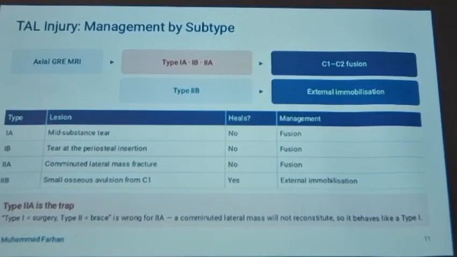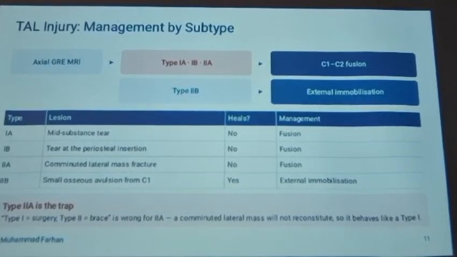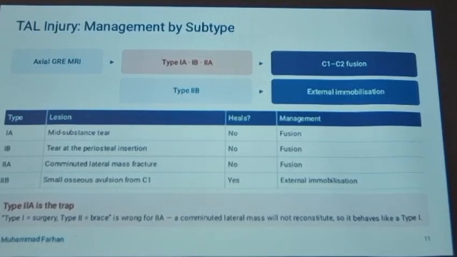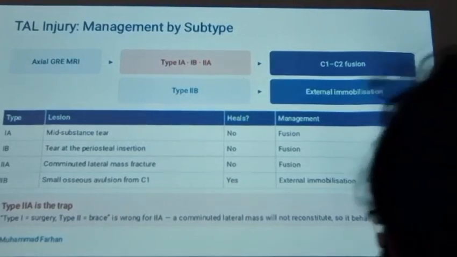But in type 2, external immobilization through a rigid collar or the halo vest can be done, and the bony avulsion heals spontaneously, and the ligament then stabilizes. Usually for type 1 we should go for surgery and fusion, and for type 2 we can externally immobilize and wait for 3 to 6 weeks for proper healing.